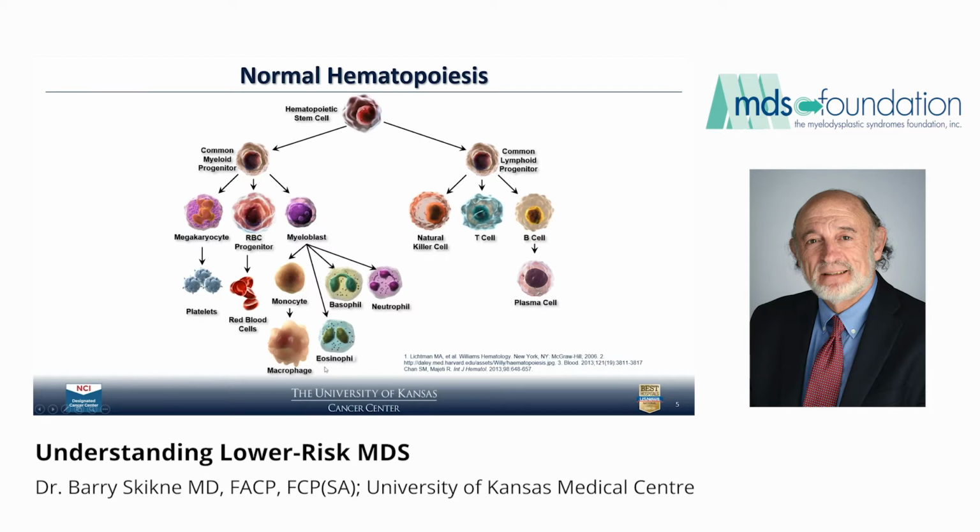All of these are found in the circulation, and they play an important role, at least some of them, especially the neutrophil, in dealing with infections, such as bacterial and fungal infections.